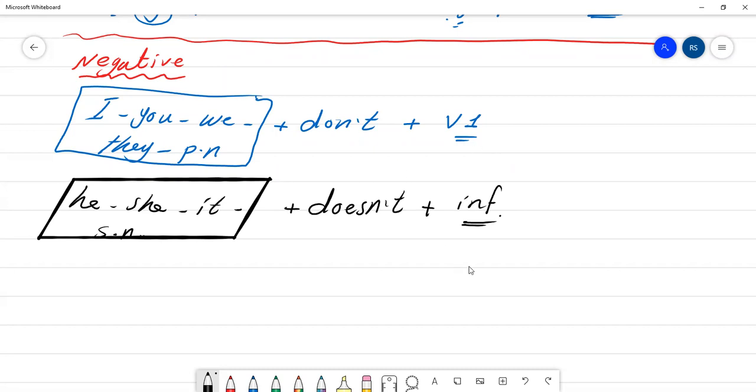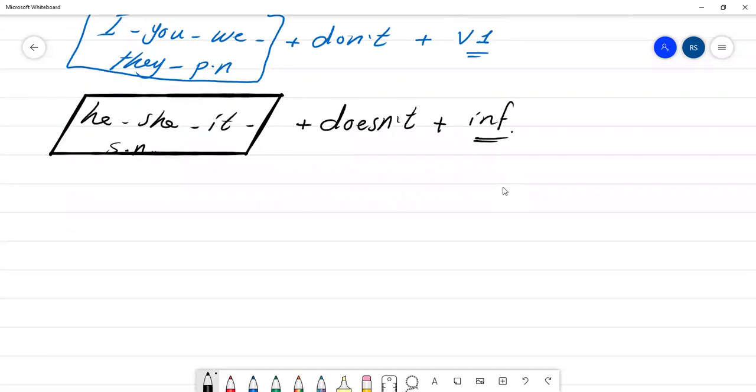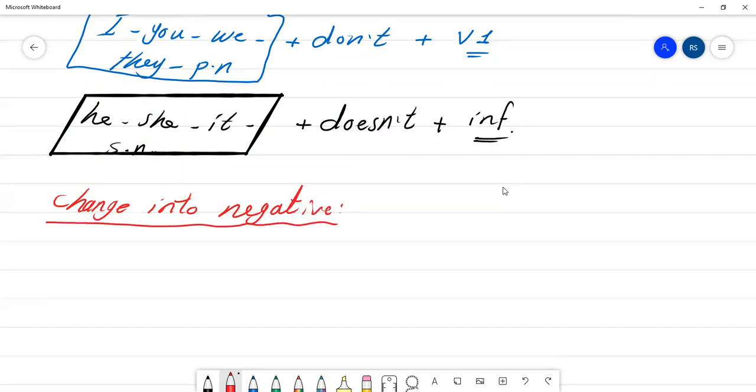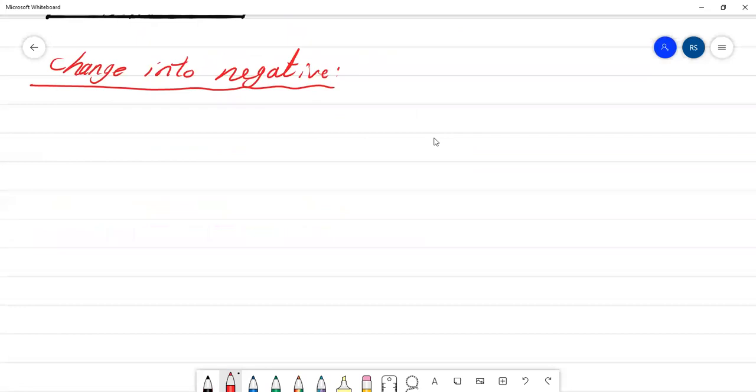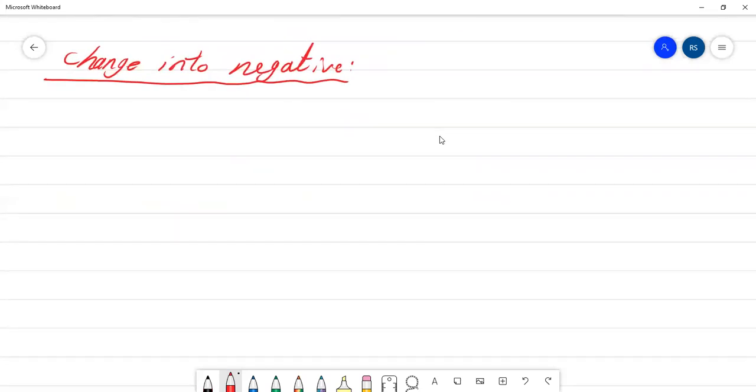For example, change into negative. One, I speak Chinese.